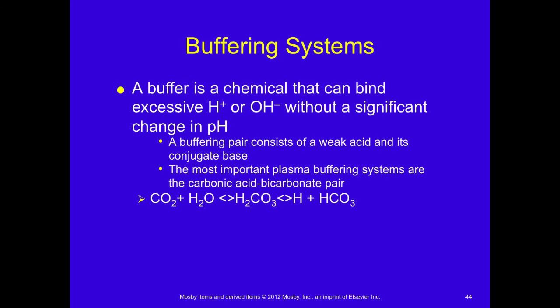Okay, the normal pH of our blood, does anybody remember what it is? 7.35 to 7.45. That is a normal level. Less than 7.35, we're talking about acidosis. Greater than 7.45, we're thinking about alkalosis.